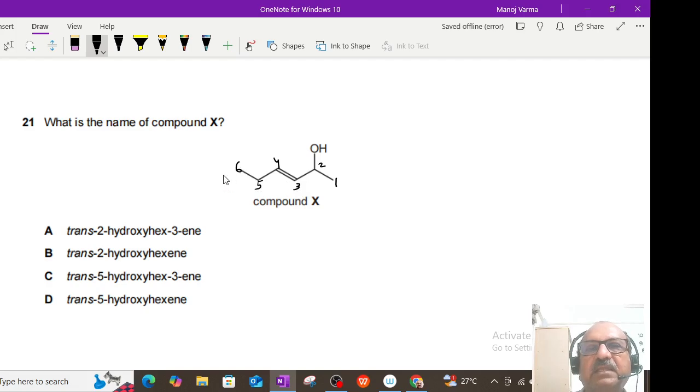And if you look at the hydrogen atoms, then you have a hydrogen atom here, and then you have a hydrogen atom here, which obviously shows a trans arrangement, and the hydroxy group is attached to the second carbon, and there are 6 carbons, hex, and the double bond is between the 3 and the 4 position. So taking the lower number 3, this is the correct answer.